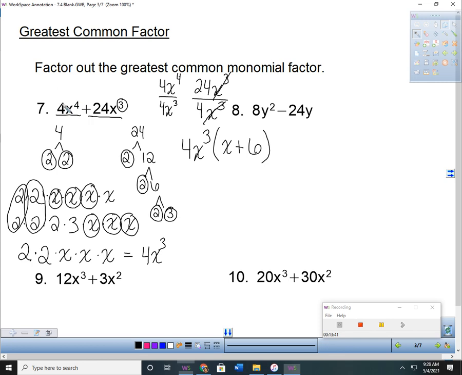And I had 2 terms to begin with. Every time you factor a common factor out, you should have the same number of terms here as you do inside here. That's because if I redistributed here, 4x to the third times x would be 4x to the fourth. And 4x to the third times 6 is 24x to the third. So I factored out my greatest common factor.